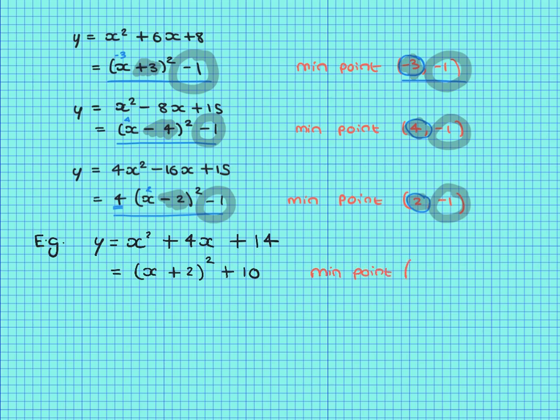What x value will make the bracket 0? It's an x value of negative 2, which you might like to think of as the reverse of the positive 2 that's in the bracket. Now, if the bracket equals 0, 0 squared is then 0, y will then be equal to 10. So the minimum point has coordinates negative 2, 10.